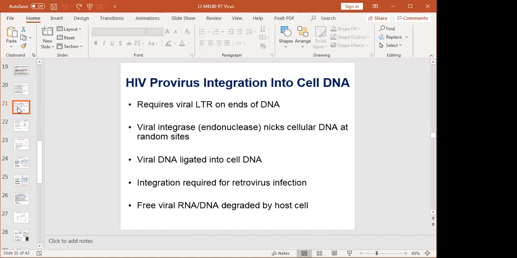This integration is absolutely required for the infection caused by retroviruses, and whatever is outside, whether it's viral RNA, viral DNA, or complexes of these, will be degraded by host cell enzymes. So there's no leftover.